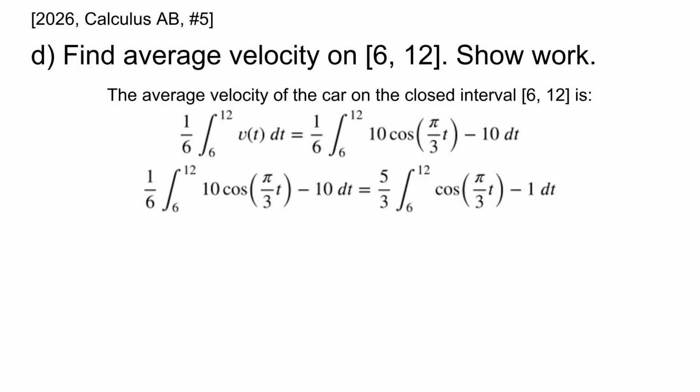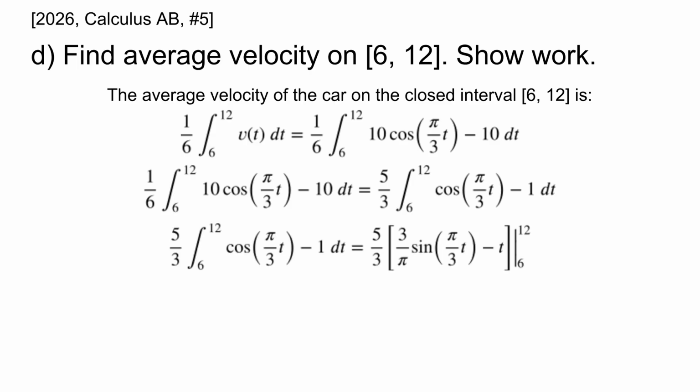So 1/6 the integral from 6 to 12 of 10 cosine pi thirds t minus 10 dt can be simplified a little bit, factor out the 10. We get 5/3 the integral from 6 to 12 of cosine pi thirds t minus 1 dt.